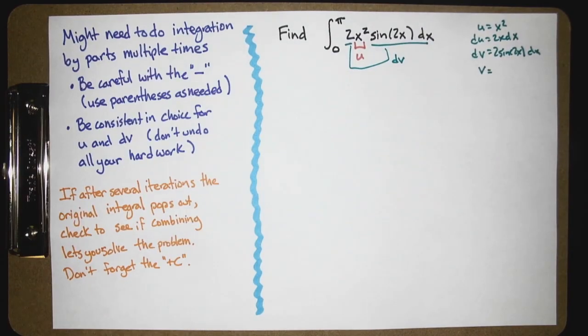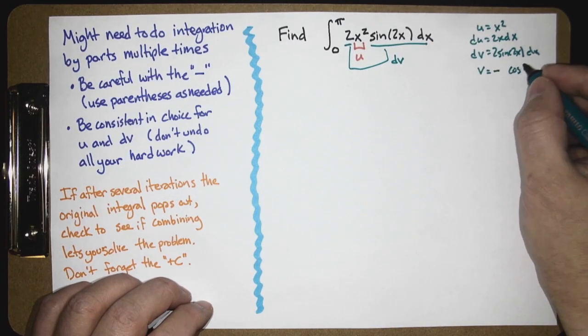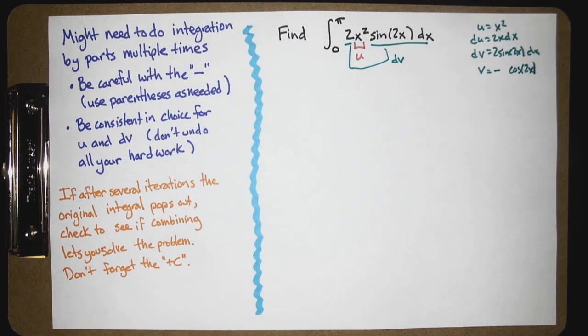How about the antiderivative of sine? Negative cosine. Okay, so there's going to be a negative cosine 2x. Now, we don't need to worry about plus c's at this point. What goes in front of the cosine? I left a suspicious gap.